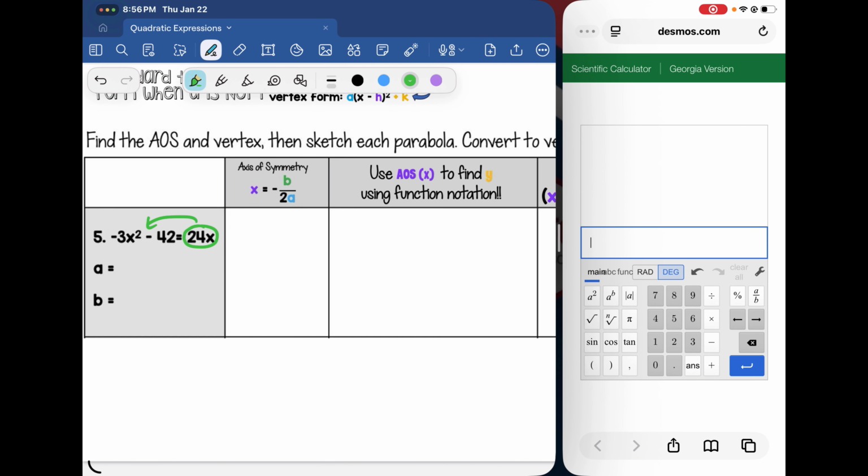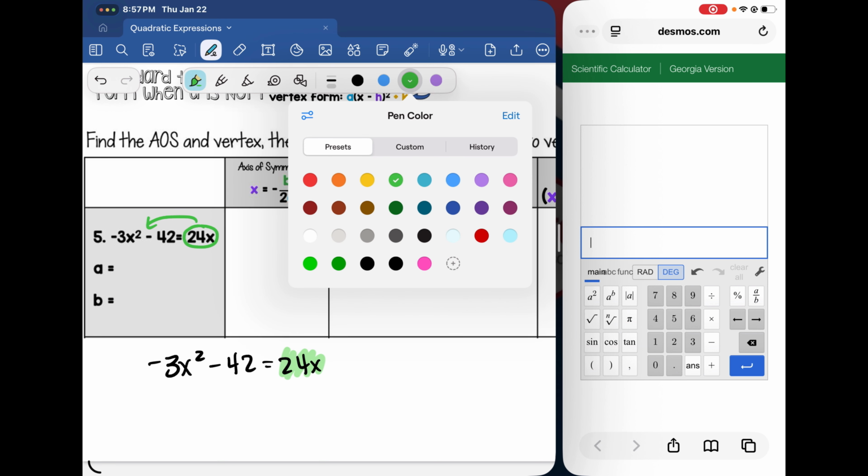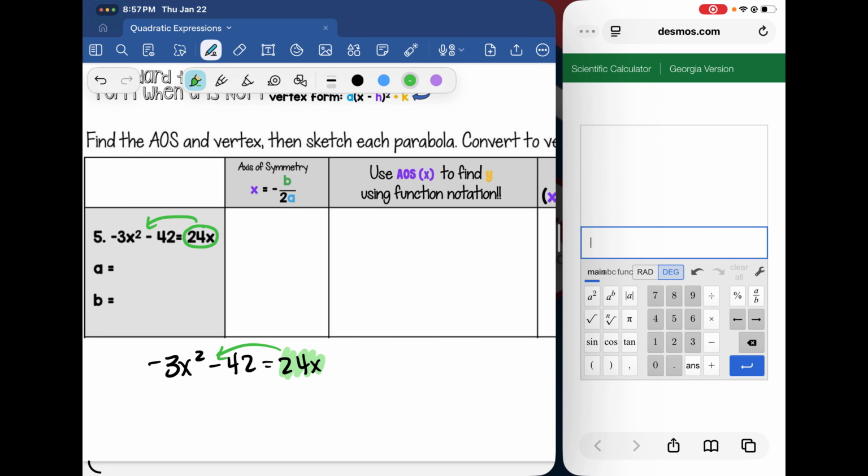But I can't just pick it up and put it over there, because this is an equation. So negative 3x squared minus 42 is equal to 24x. If I want to pick this up and move it to the other side, what would I have to do? Hopefully you said subtract 24x.